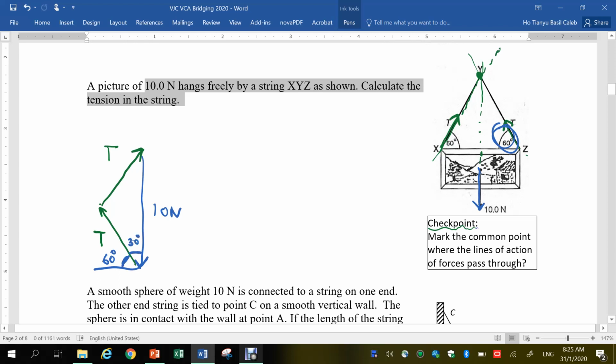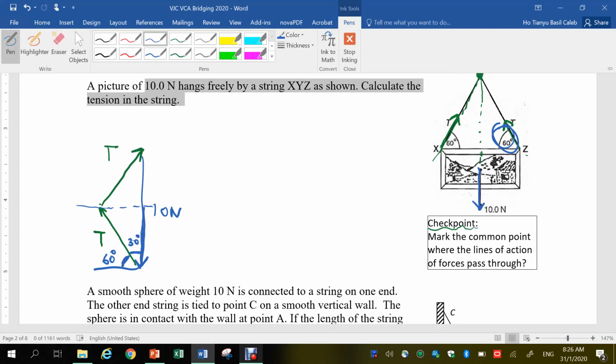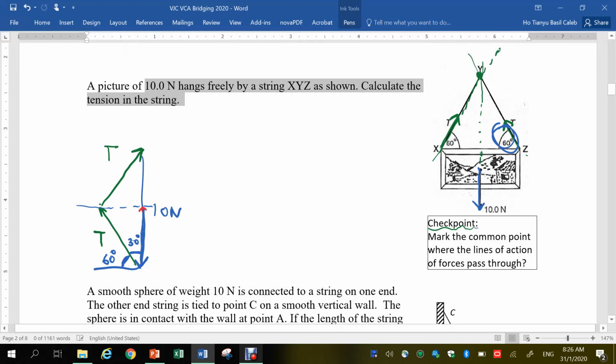The next thing we notice is that the two T's must be symmetric to each other because of the angles, which means half of the height of this triangle is 5. This value here is 5.